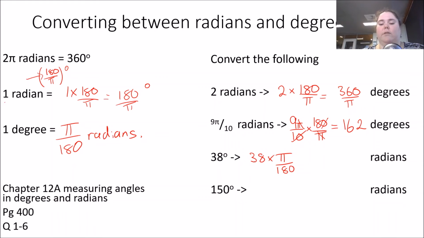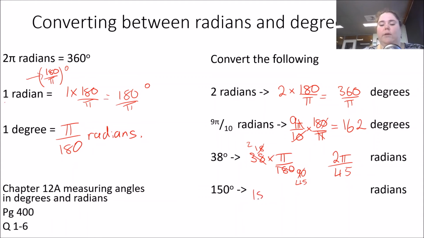Do I have any common factors? Divide this one by 2, divide this one by 2 to get 90. Divide them both by 9. So 38 degrees is the same as 2 pi on 45. We try and simplify it as much as we can.